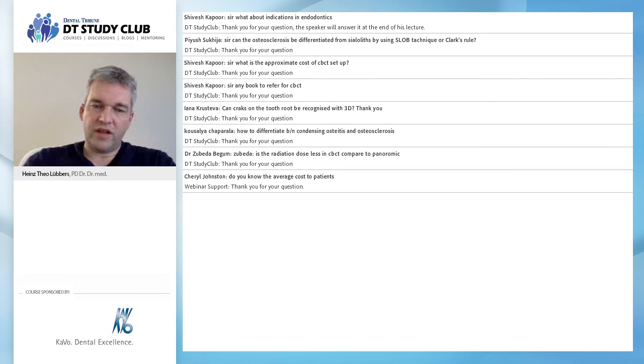And if you, as a next step, also reduce the field of view, let's say if you only look for an implant situation, or if you only look for two wisdom teeth on the right side to be taken out, then you focus on this one wisdom tooth, then you definitely come out with a lower radiation dose for this X-ray than compared to a panoramic.